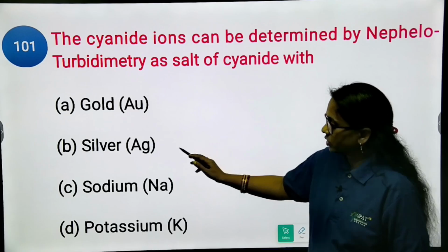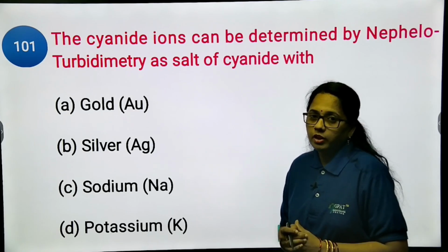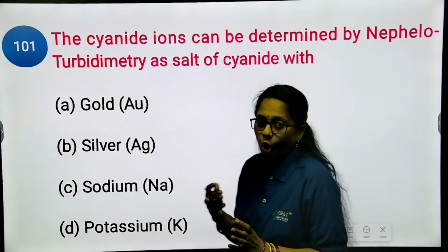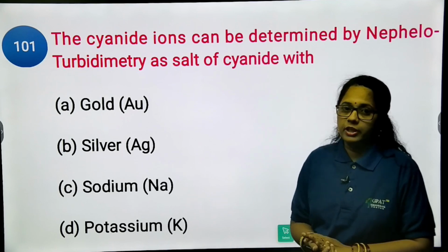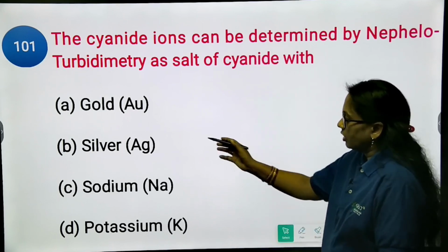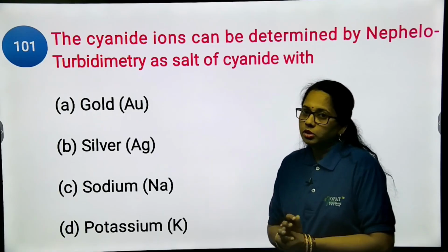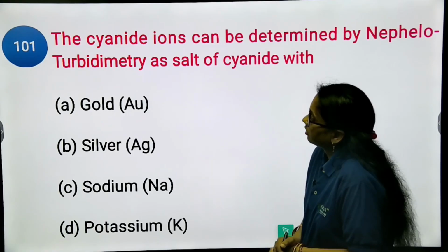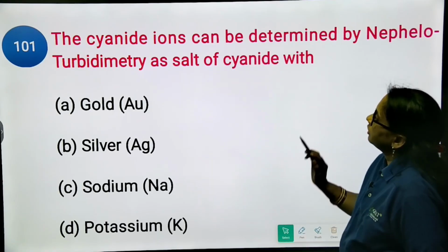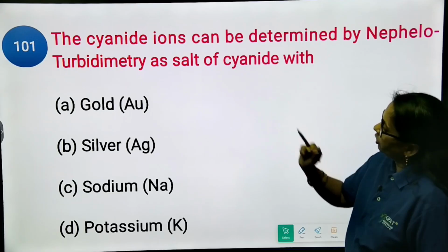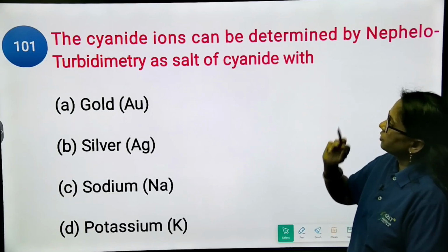So silver ions, whenever you see them, definitely are going to cause some precipitation with any type of anions, because Ag plus is going to bind with the anions there. So cyanide ion, it is an anion, definitely it can be determined by nephroturbidometry as a salt of cyanide.